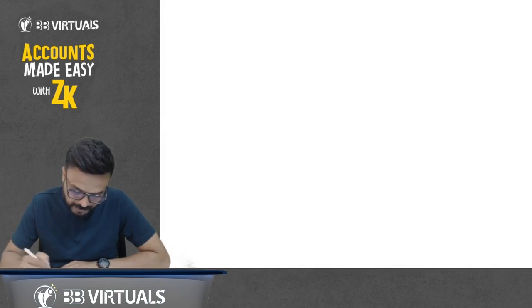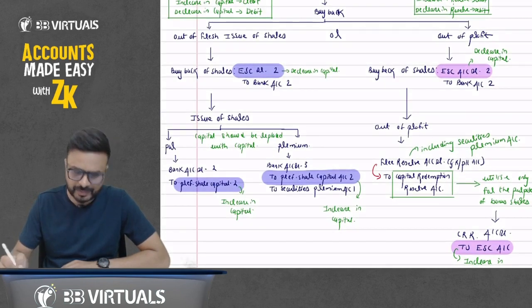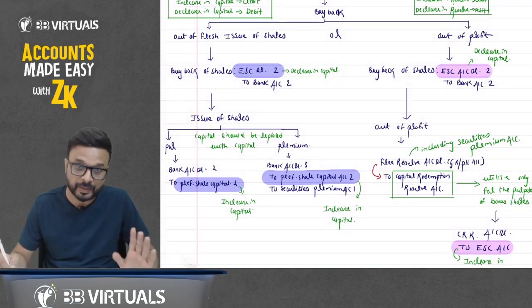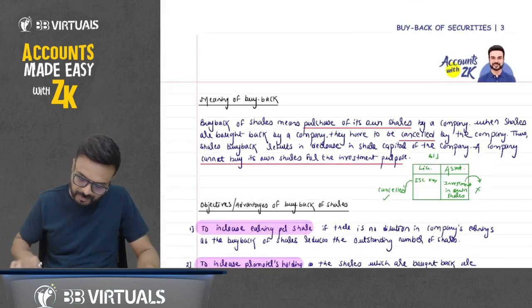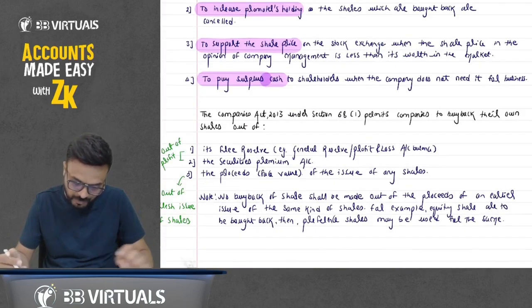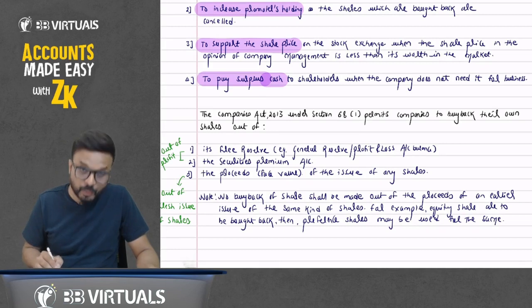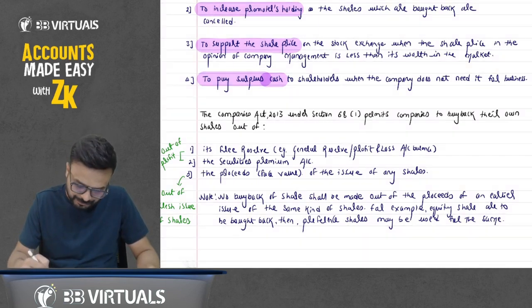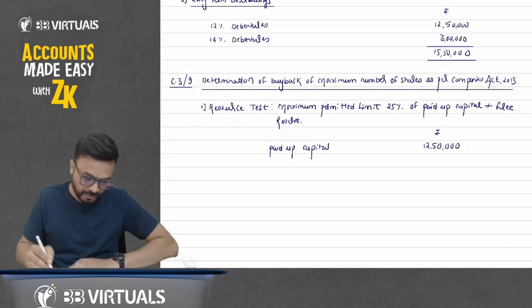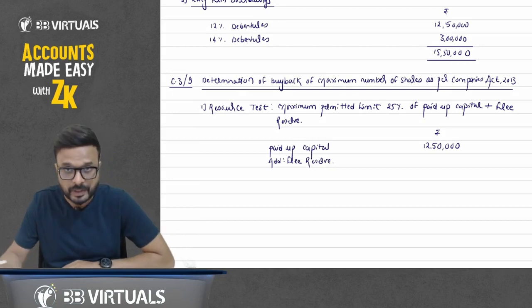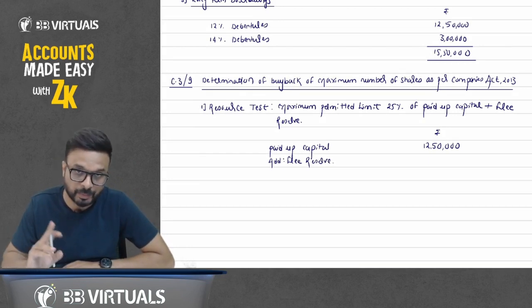So write down: add free reserve, which includes securities premium.